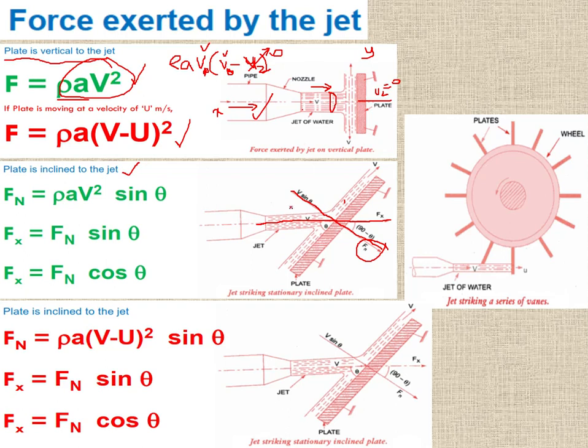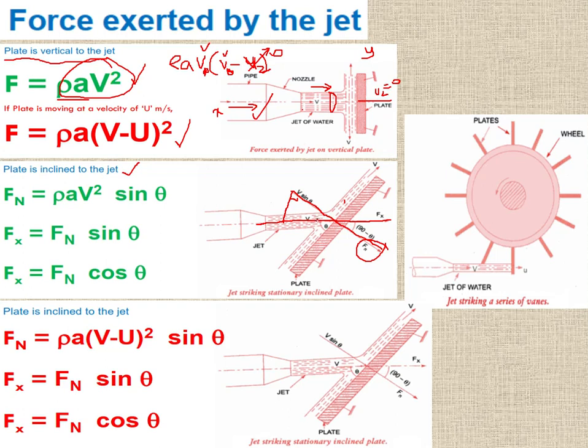Here, let x be this axis and this line parallel to the plate. This is 90 degree. If the jet is making angle theta with the plate, what would be the corresponding angle?